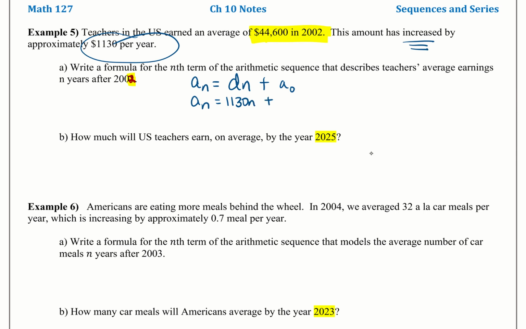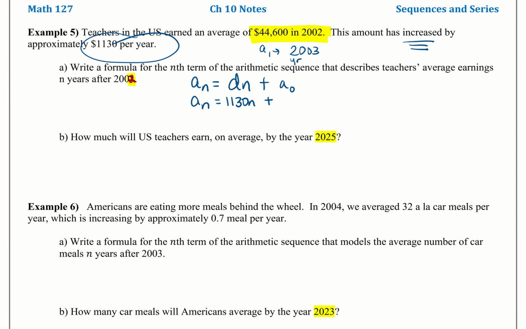And then plus a sub 0 would have been the year prior to 2002, if this is a sub 1, right in here. Actually, I take that back. We're n years after 2002. So I think actually we are okay to use this. A sub 1 would be 1 year after, so that would be 2003.